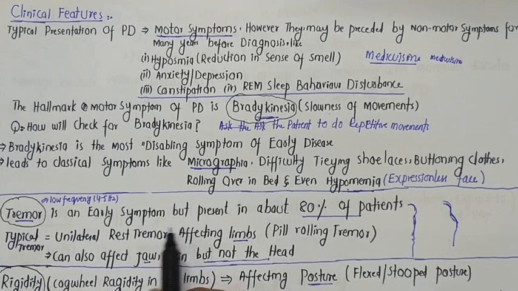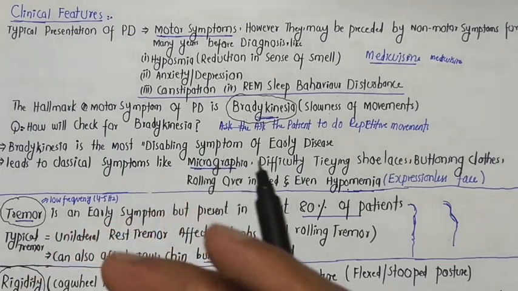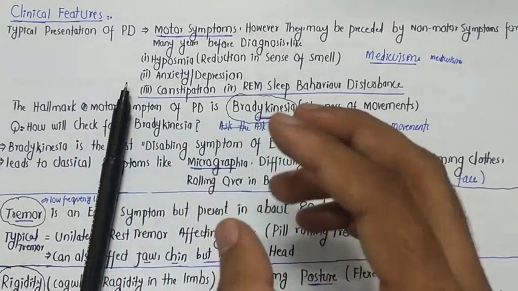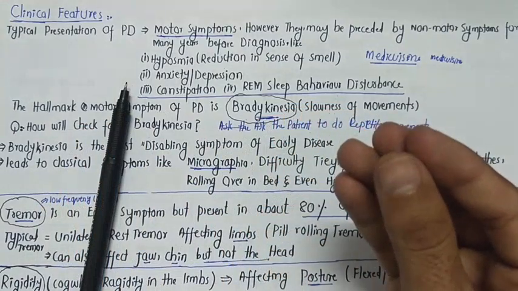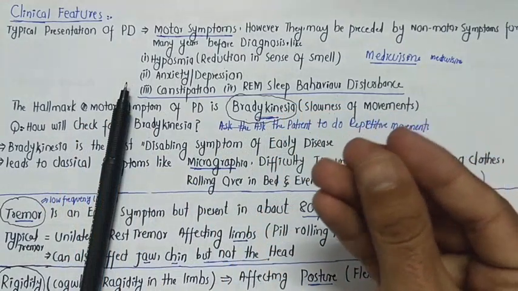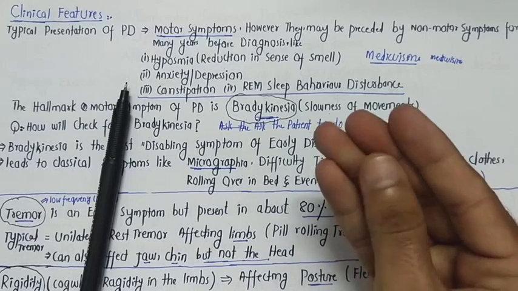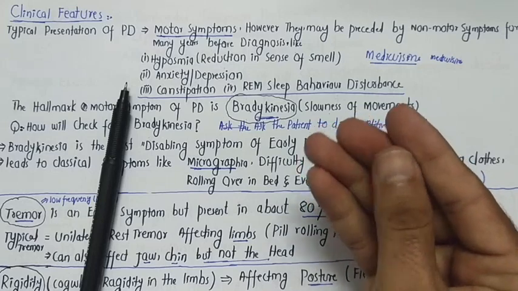The classical tremor associated with Parkinson's disease is the pill rolling tremor. When the patient presents to you, his or her hand is like he's doing like this with the fingers, as if he is rolling a pill between these fingers.